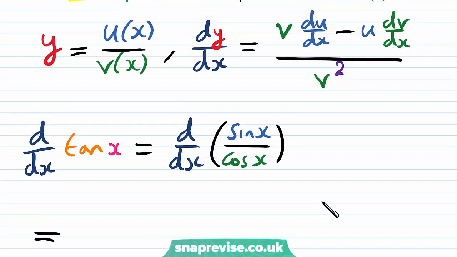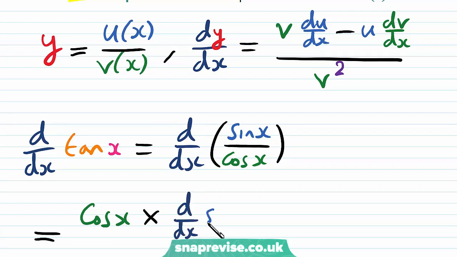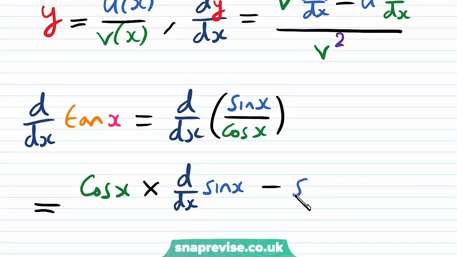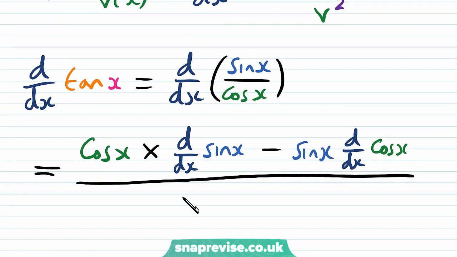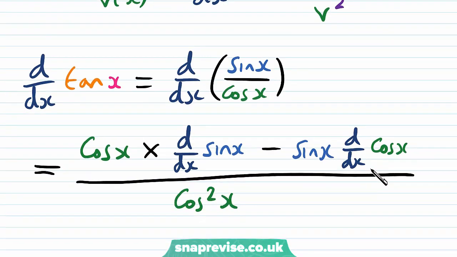And then, by substituting in, we have our v, which is our cosine of x, multiplied by the derivative of u, so d by dx of sine of x, and then we minus u, which is sine of x, multiplied by the derivative of v, which is cosine of x. And then this whole expression is divided by v squared, which is cos squared of x.